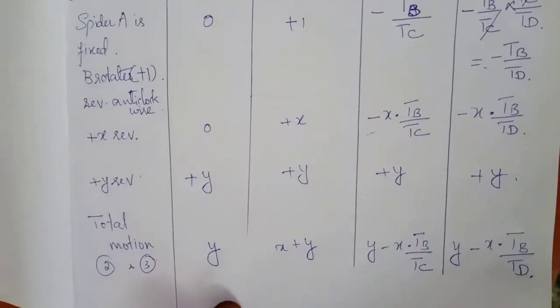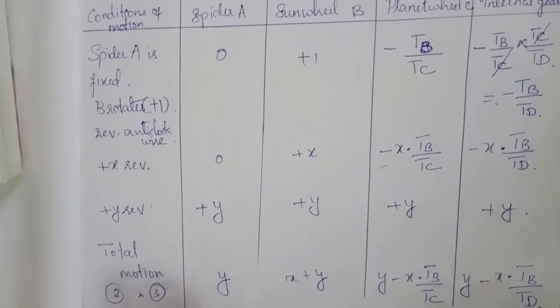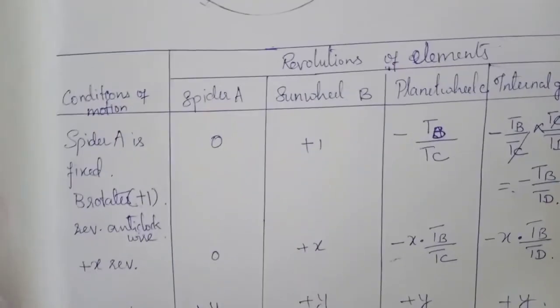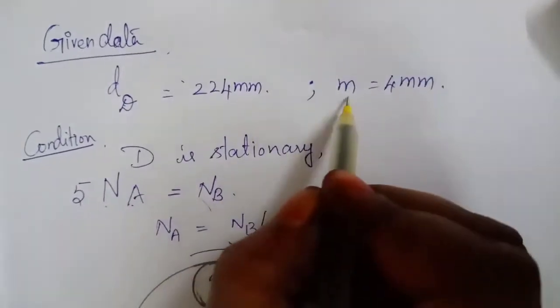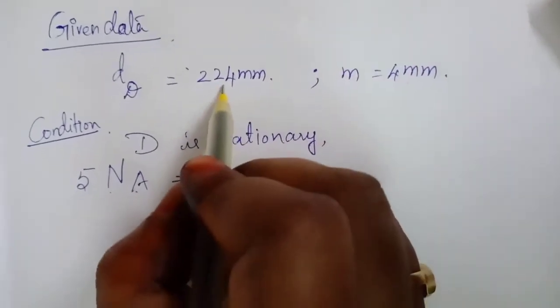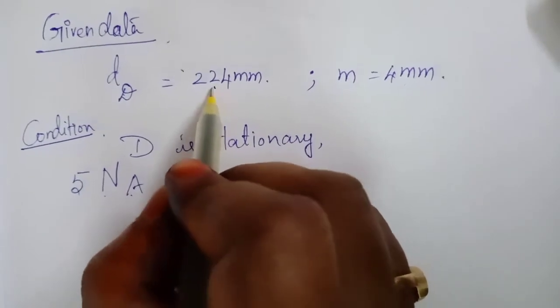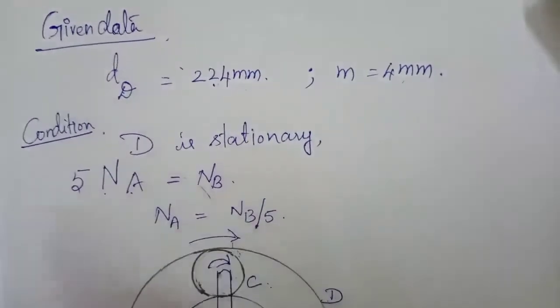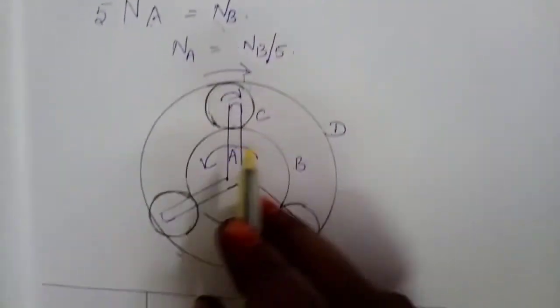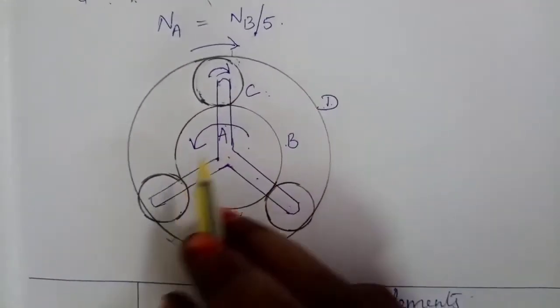Before applying the condition, you need to take the relation given here. Sorry, module is 4 mm and the pitch circle diameter of the internal gear is 224 mm. From the question you have to determine all the gear teeth.